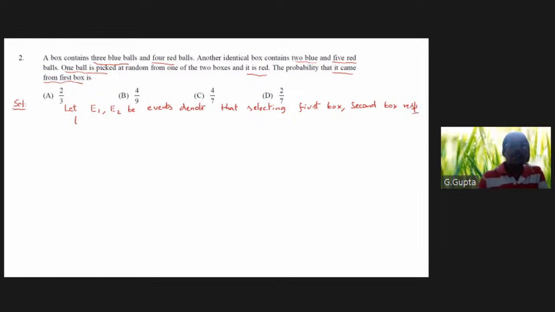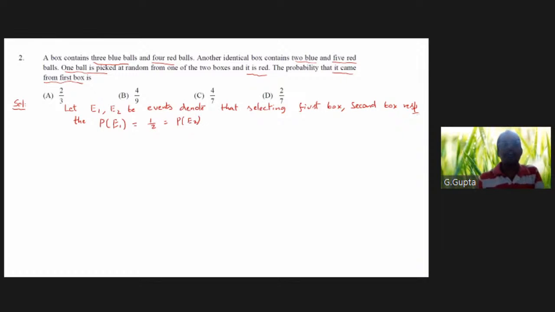Then there are 2 boxes. One box is selected in how many ways? There are total 2 boxes. Either box is selected with probability 1 by 2, so the probability of E2 is also 1 by 2.